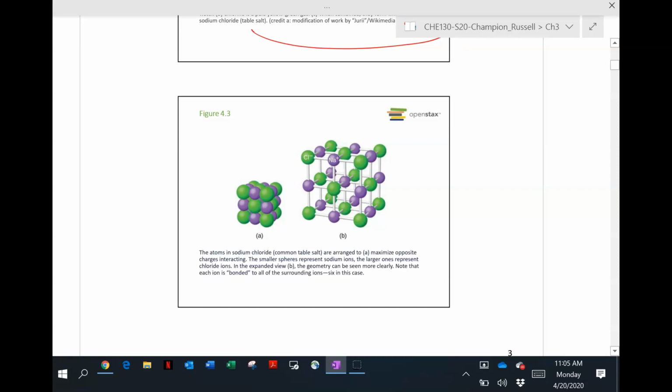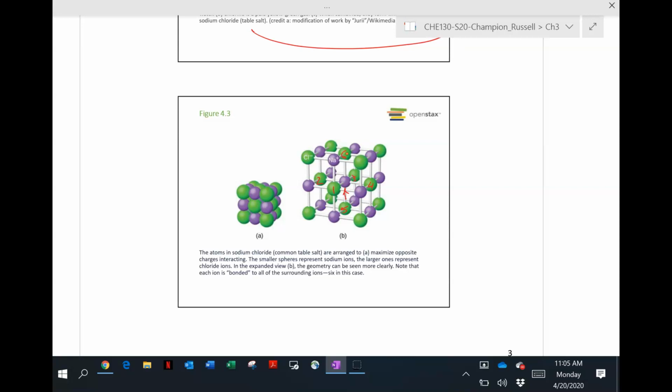And if I think about, for example, this sodium right here, he's got 1, 2, 3, 4, 5, 6 chlorines around him. If you focused in on any one chlorine, you'd find that it also has 6 sodiums around it.